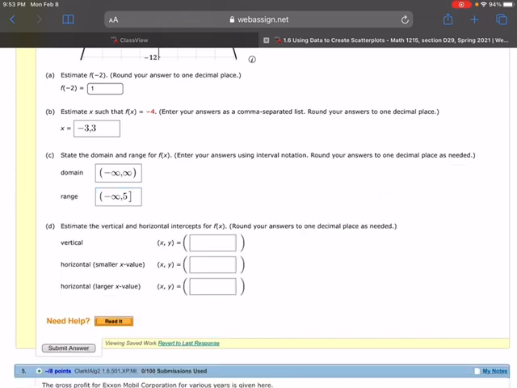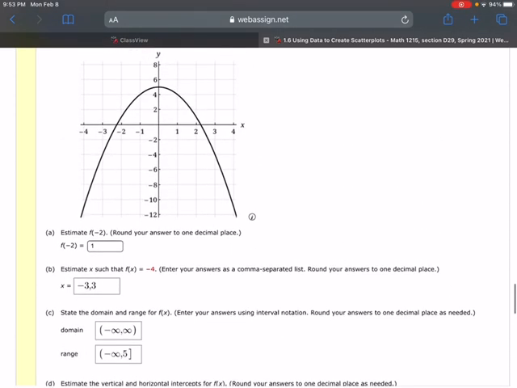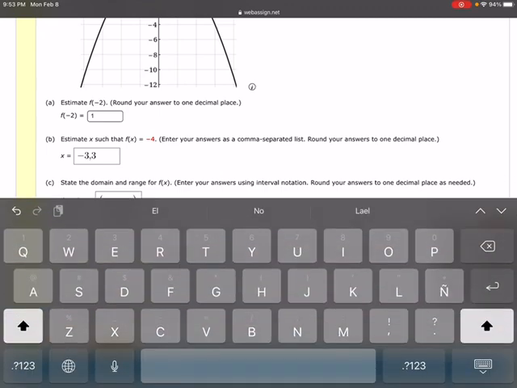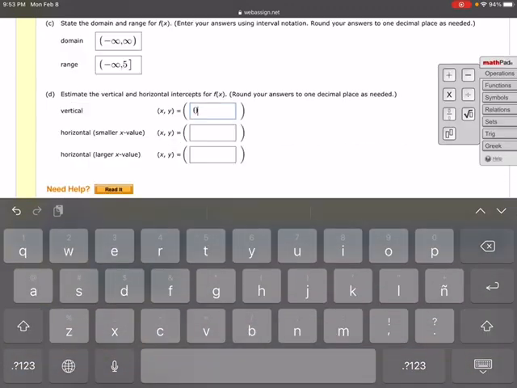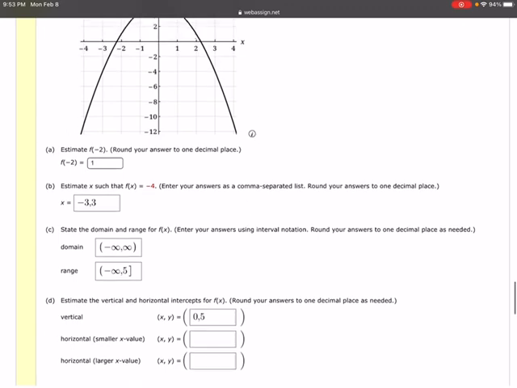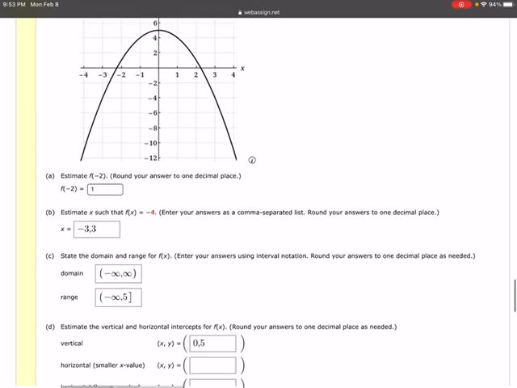All right, estimate the vertical and horizontal intercepts. Where it crosses the y-axis, it seems it crosses at 5, so we would have to put 0, 5. The horizontal intercepts, where it crosses the x-axis, are between 2 and 3.